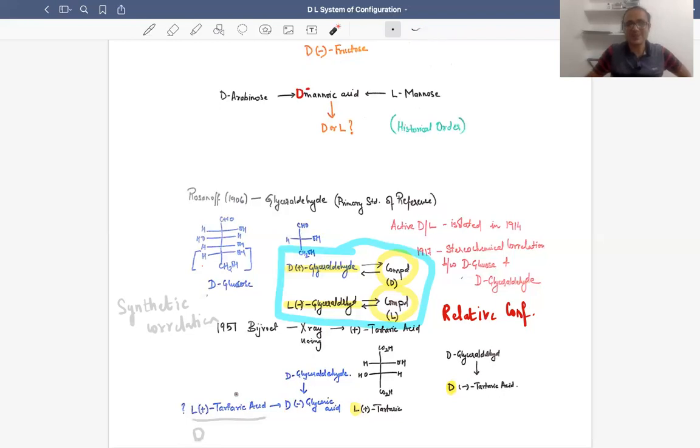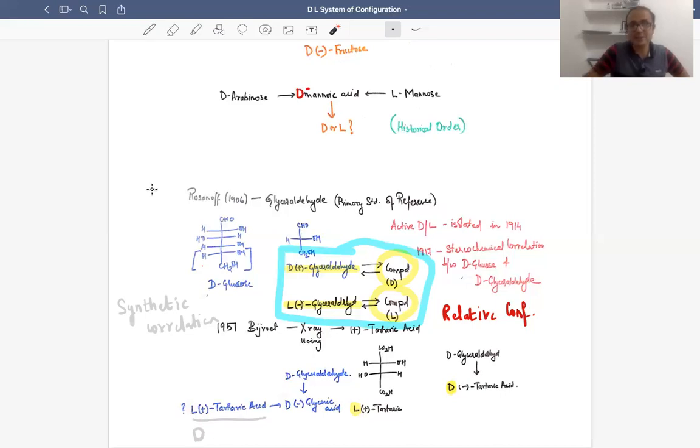So there was an ambiguity you can see here, where initially we said that the dextrorotatory form is the L form and the levorotatory form is the D form, but this was all synthetic correlation. With synthesis, we are now able to convert an L compound into a D compound. That means you should be able to also write L plus tartaric acid as D plus tartaric acid.